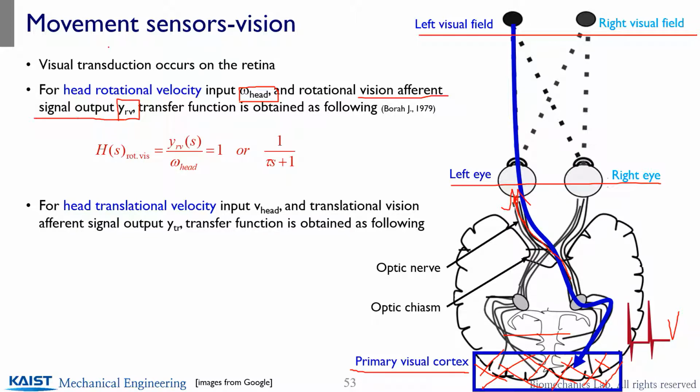What we obtained here for rotational vision is about a unity transfer function, or a very simple first-order response: a little bit delayed, and it reaches a constant value. The head translational velocity transfer function has also been examined and approximated as similar to the angular one, approximately 1. So it matches pretty well: your head movements are matched with the electrical afferent sensory signals. If you want to model sensory integration or sensory information transfer, you can use this transfer function for mathematical formulation.